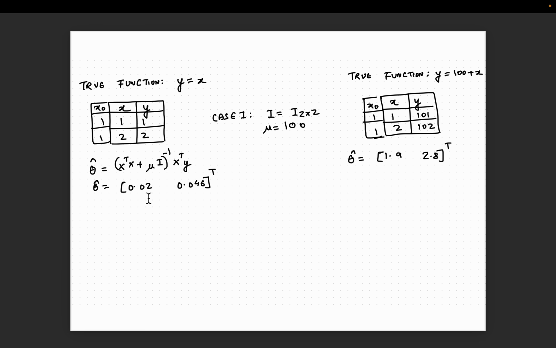You'll have to work this out in your notebooks, or you can just do this mentally. What is the prediction for x equal to 0 for the first data set and for the second data set? Doesn't need to be accurate. How do you predict for any new x?